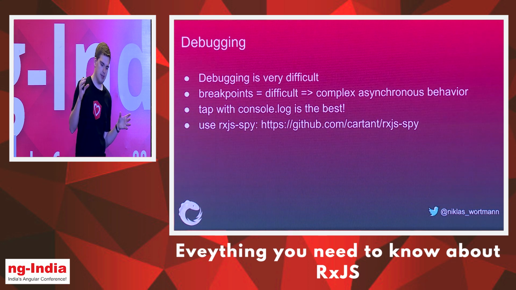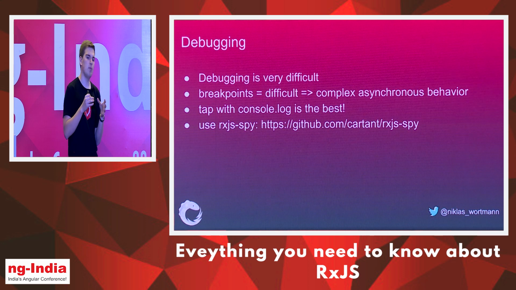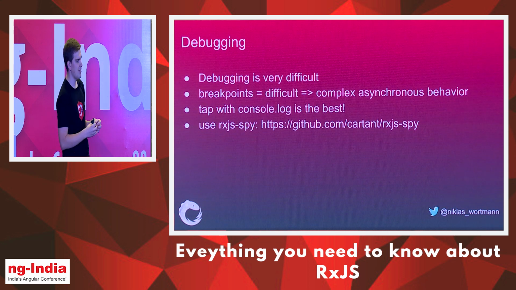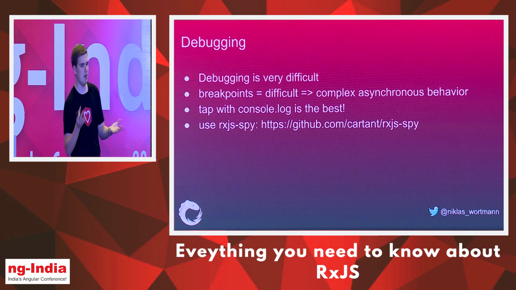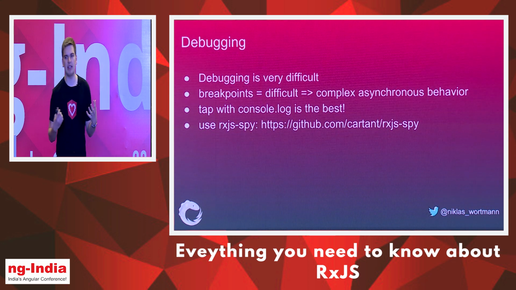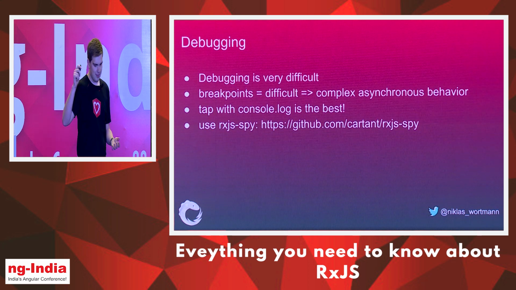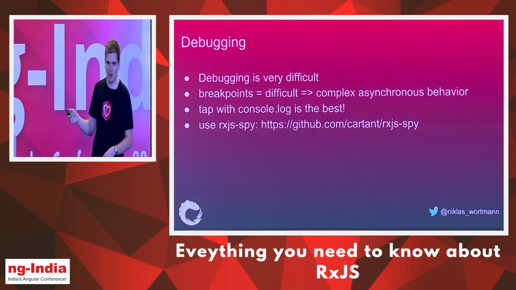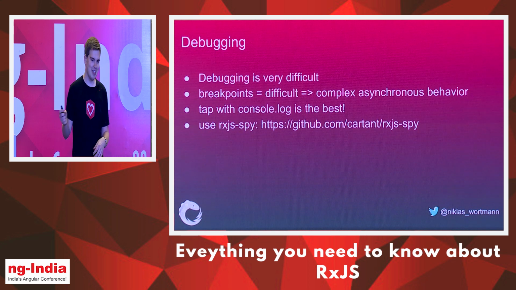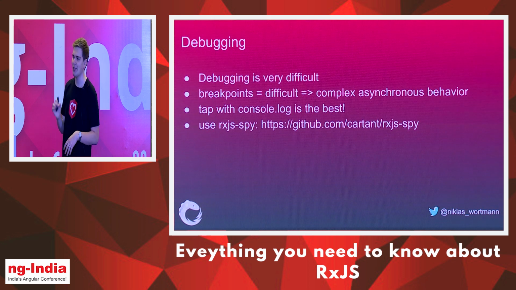Breakpoints are difficult because you're aggregating complex asynchronous behavior, and making a breakpoint in an asynchronous behavior is somehow weird, right? Because you're related to time and those kind of things, it doesn't make that much sense. So I truly advise you to use the tap operator and passing a console log there. It's the best thing you can do to debug your RxJS code.